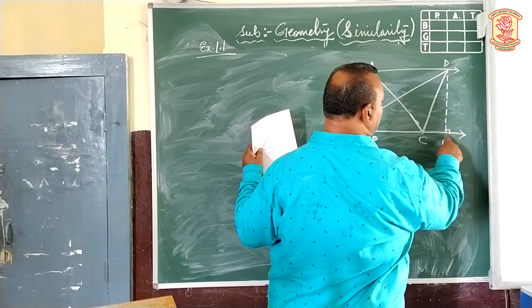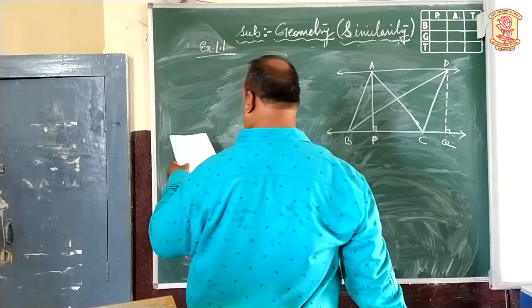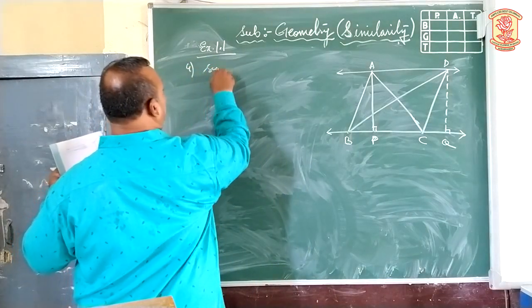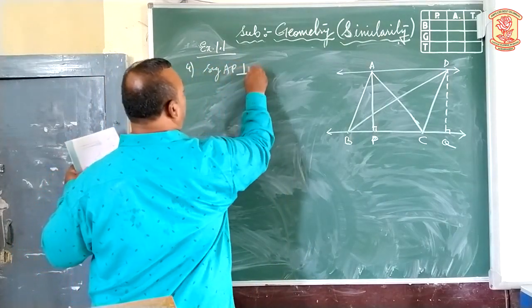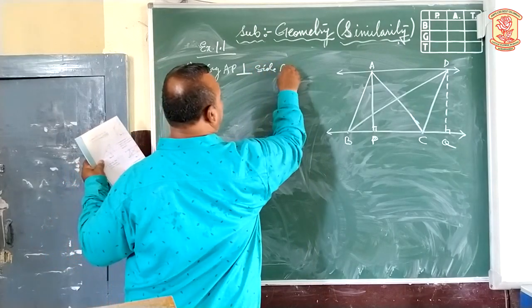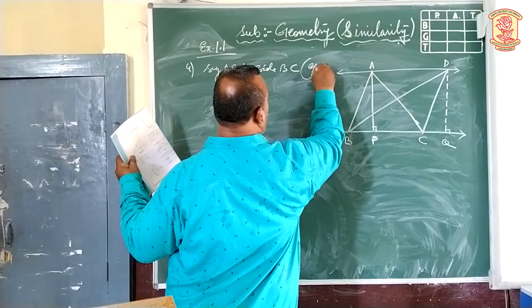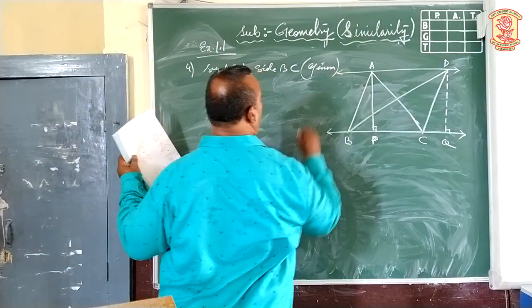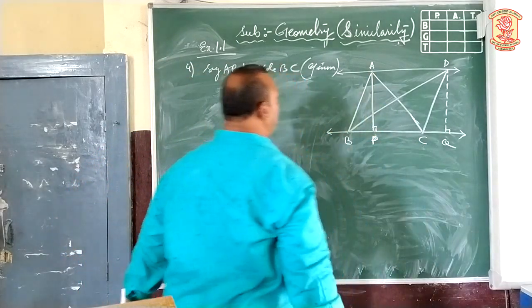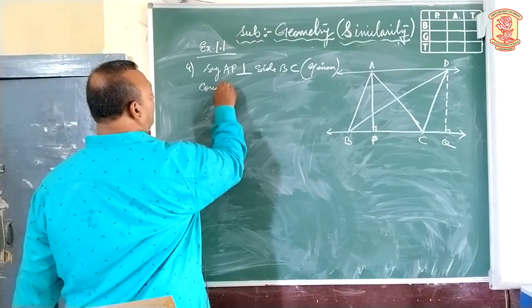Now, what is given here? This is the fourth sum. Segment AP perpendicular to side BC, this is already given. What did you do in the construction?